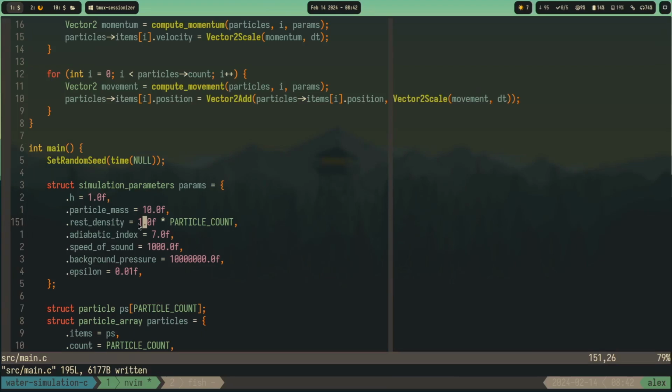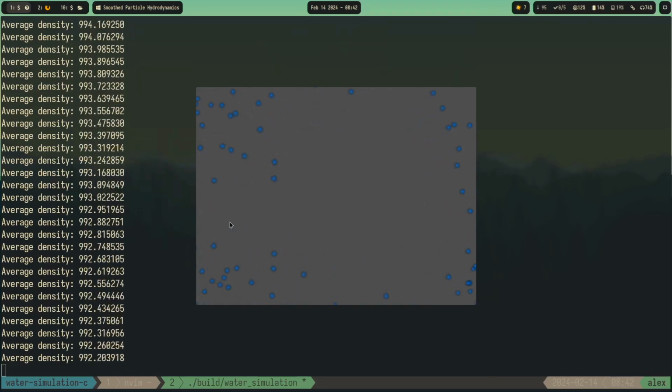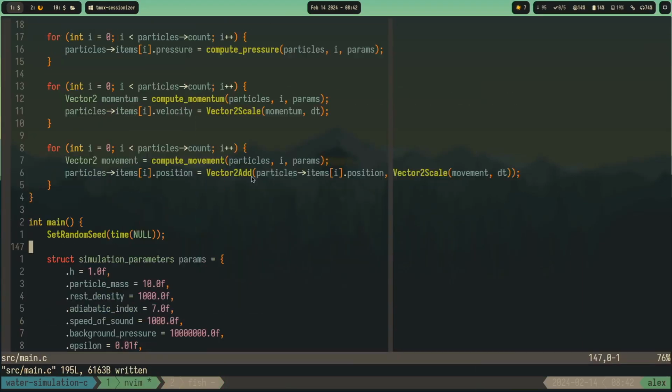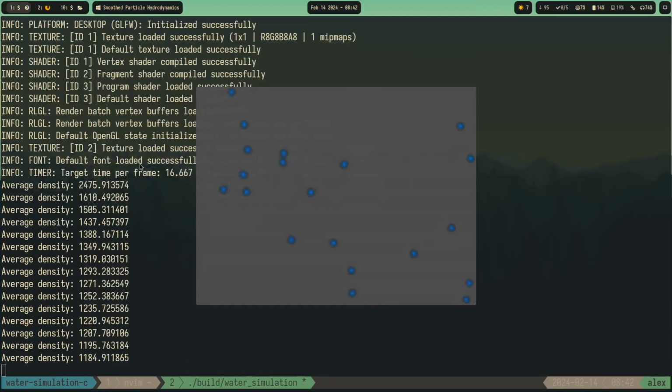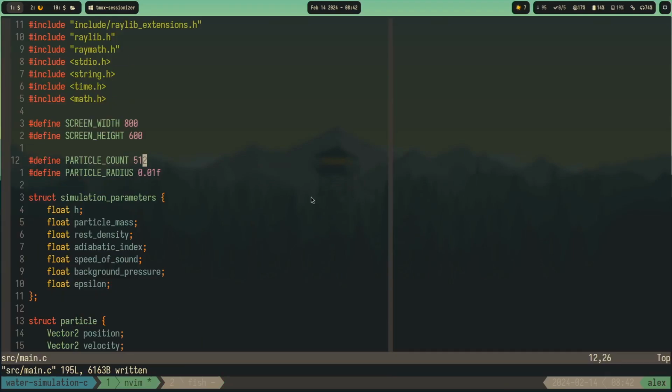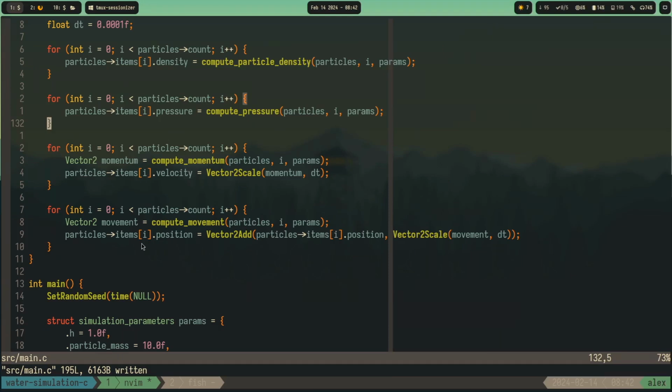Okay, now it exploded. So let's keep it at 1000. Okay, anyways. Let's see what happens if we leave it. Let's do more particles, like 512 particles. Okay, it explodes pretty much.